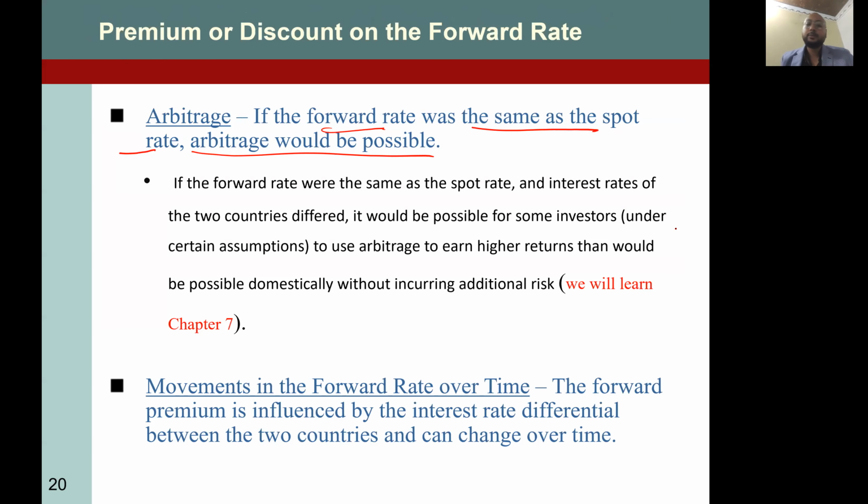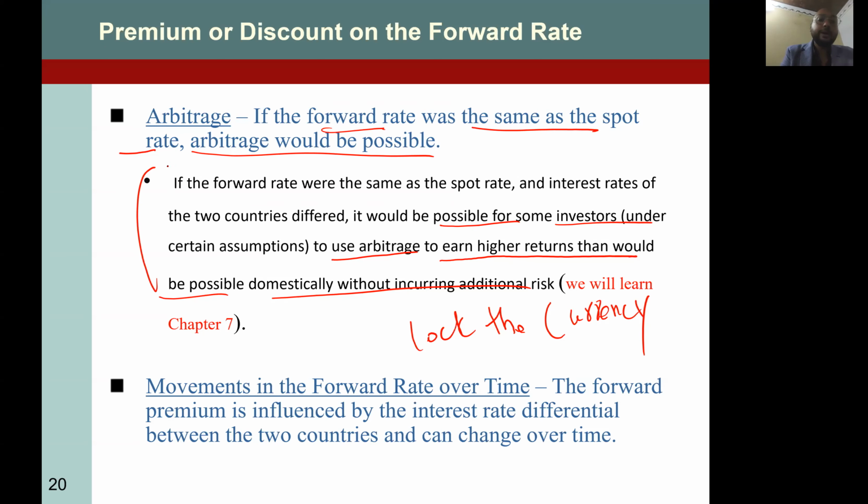So this is for speculation purposes. If the forward rate was the same as the spot rate, given the interest rates of the two countries, it would be possible for some investors to use arbitrage to earn higher returns than would be possible domestically without incurring any additional risk, because you already lock the currency.